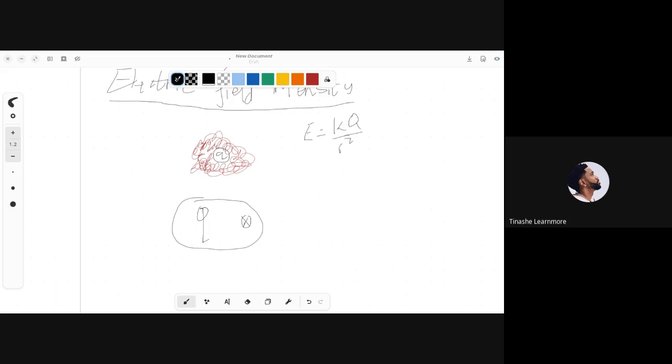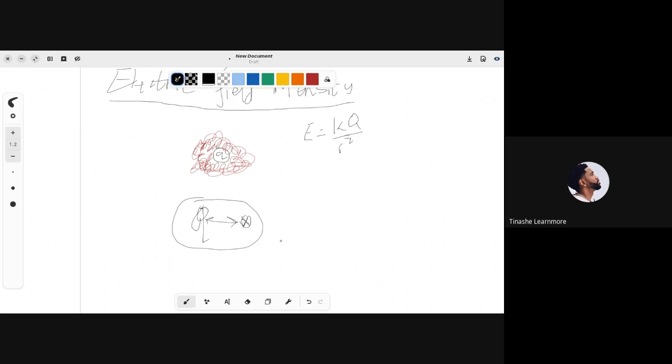So when we have this X somewhere within that region of space, we're going to have a force from Q towards that object.